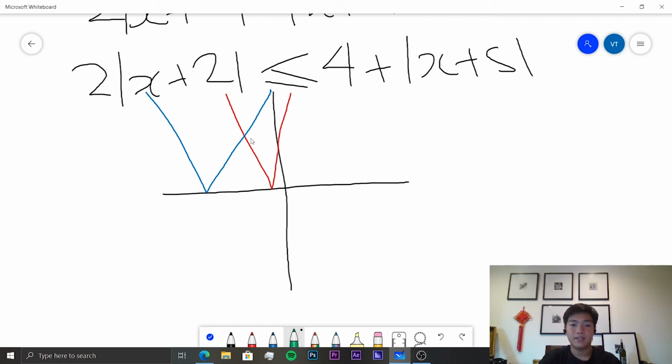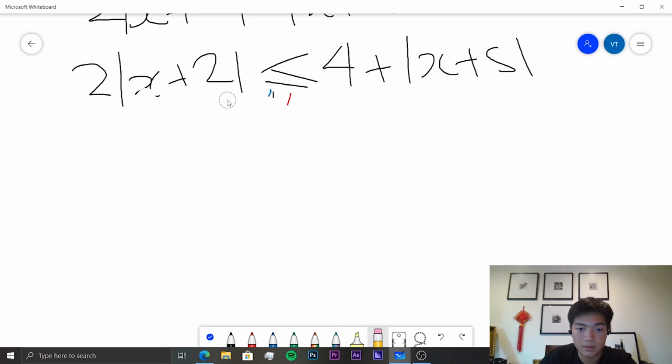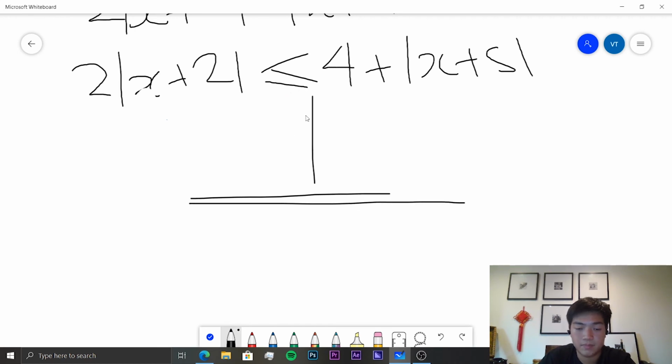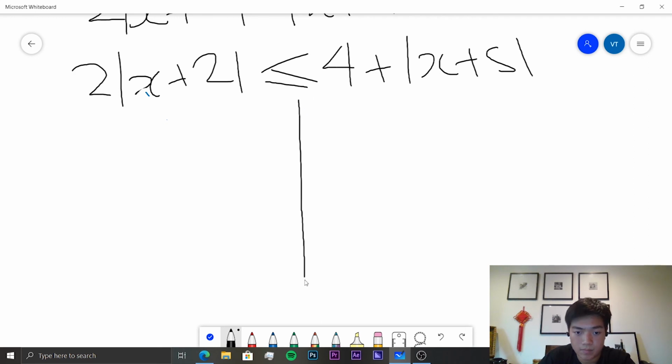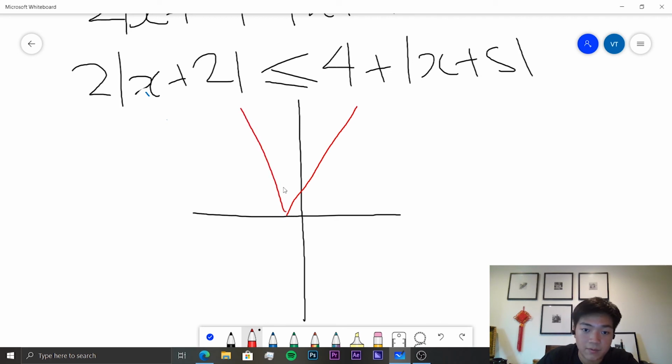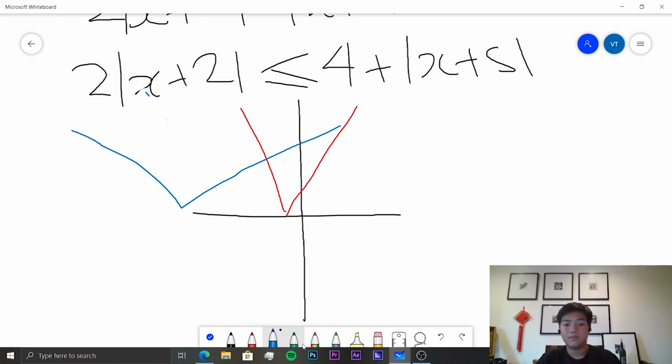And so we need to find, actually, I need to zoom out of this graph a little. So if we draw this on a larger scale, we would have 2 times the absolute value of x plus 2 as something that looks like this. And 4 plus the absolute value of x plus 5 as something that looks like this. And so we need to find this green region.